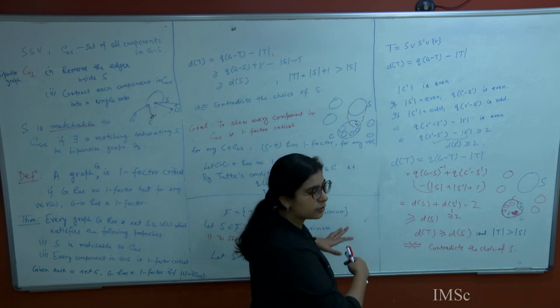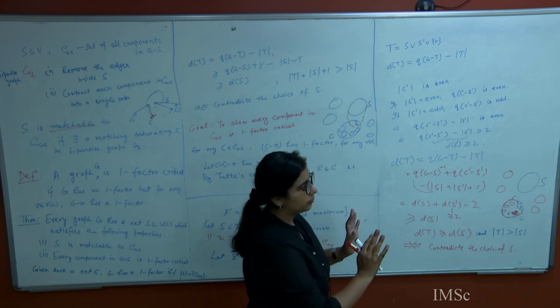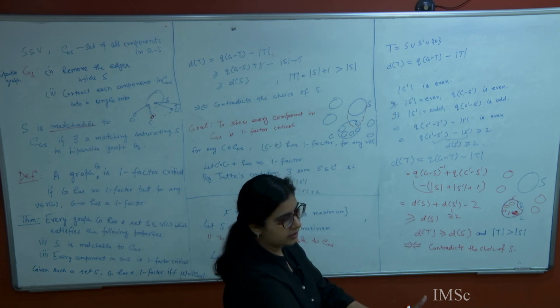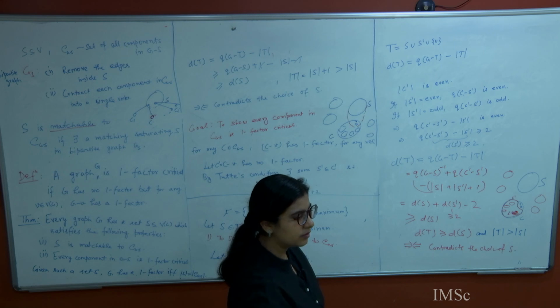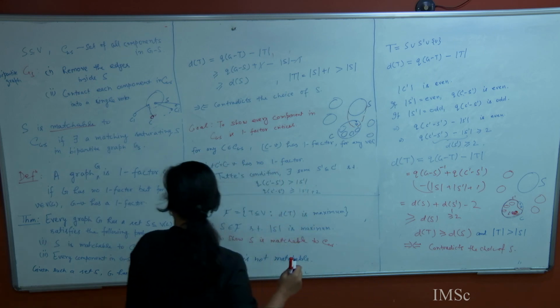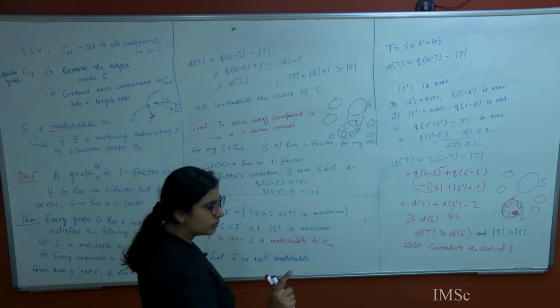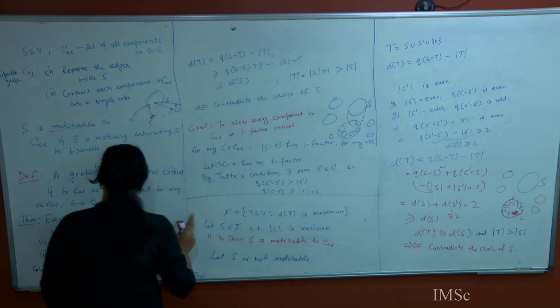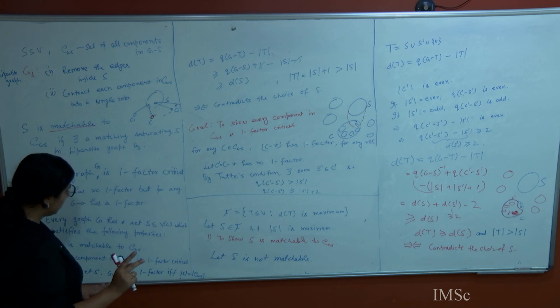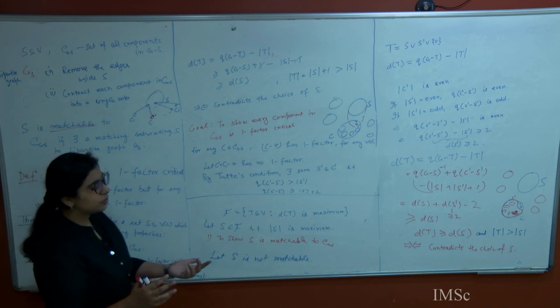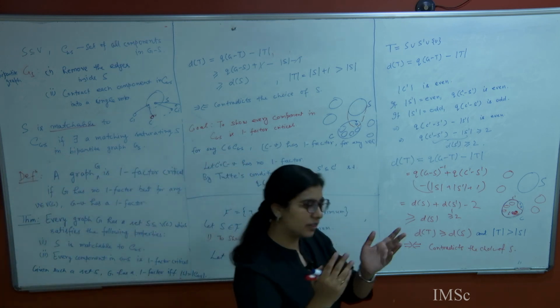So first you have to show that this theorem implies Tutt's condition, right. But in doing the forward direction, we use the whole Tutt's theorem. In the forward direction, what do we use? We use Tutt's theorem. Yes. We said G has a one-factor. In fact, you just don't use that Tutt's condition is there.